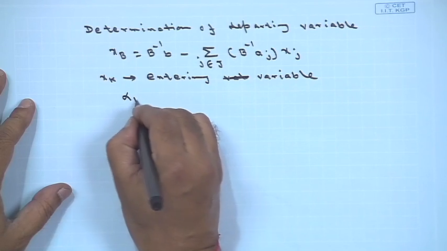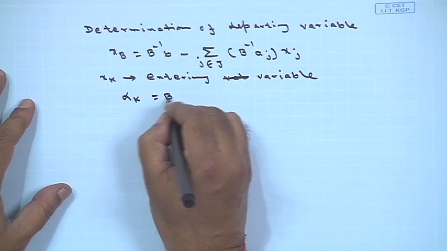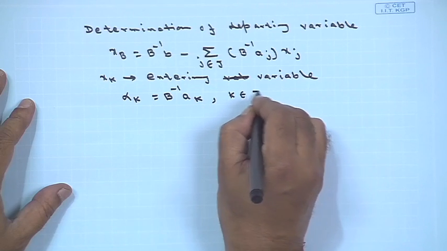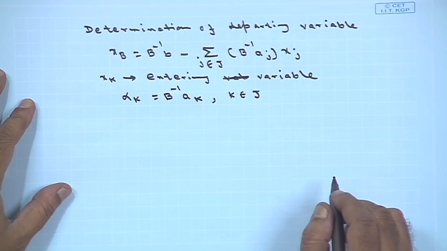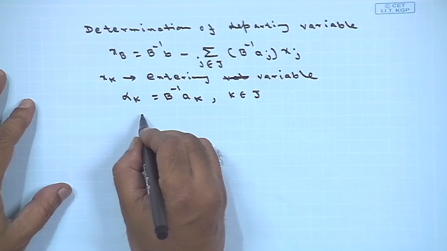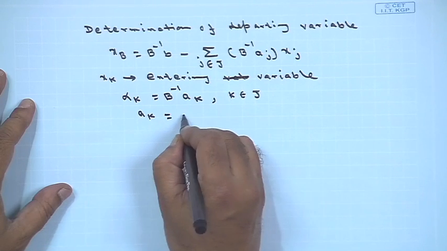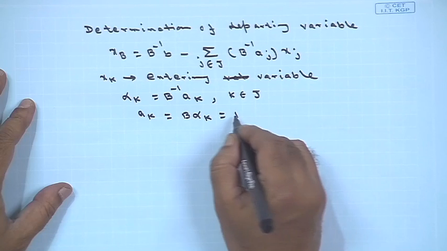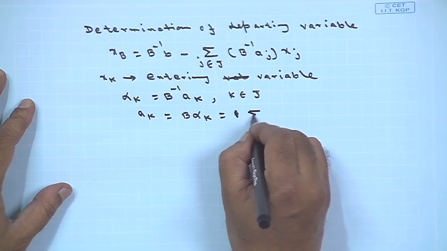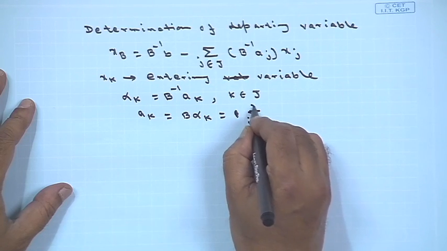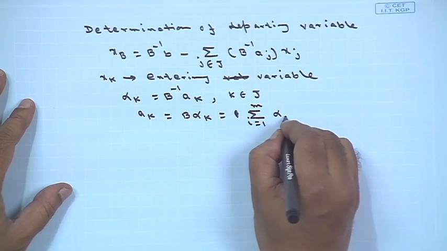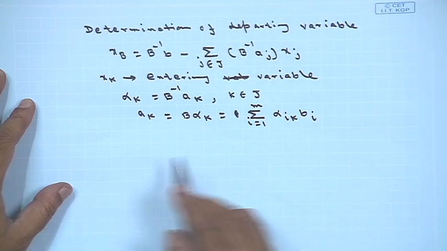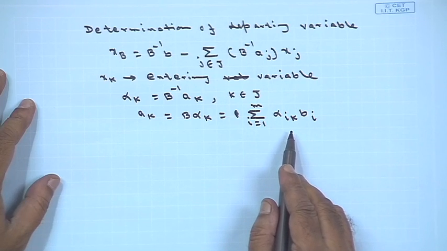Then I can write alpha_k equals B inverse a_k, where k belongs to the index of the non-basic variables, and from here you can write a_k equals B into alpha_k, and B into alpha_k I can write as summation i equals 1 to m of alpha_ik into b_i. So, your a_k can be written by this.